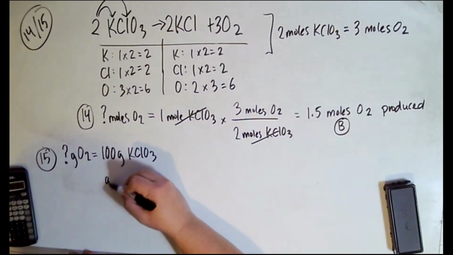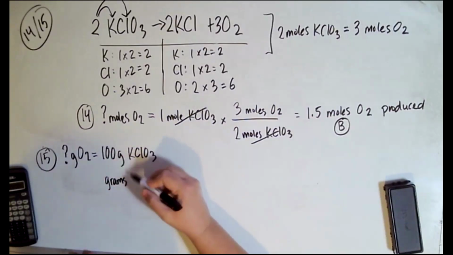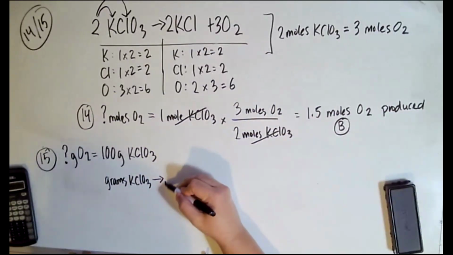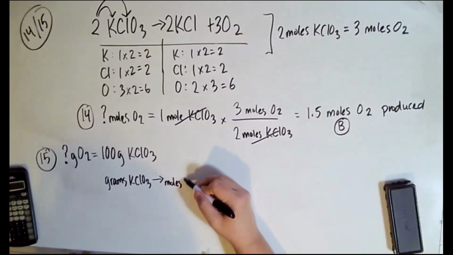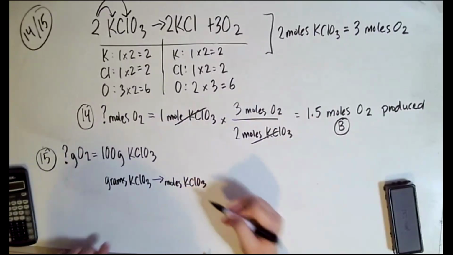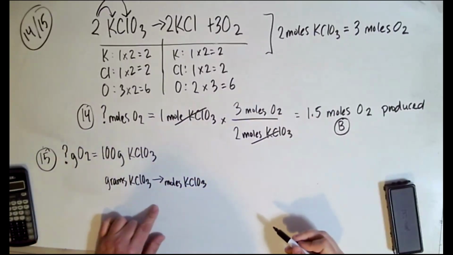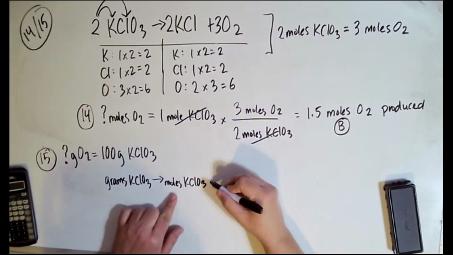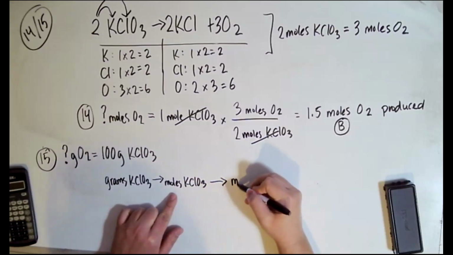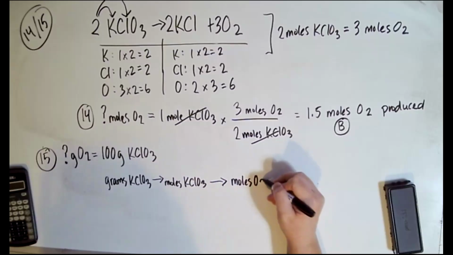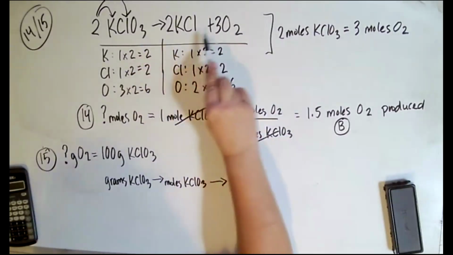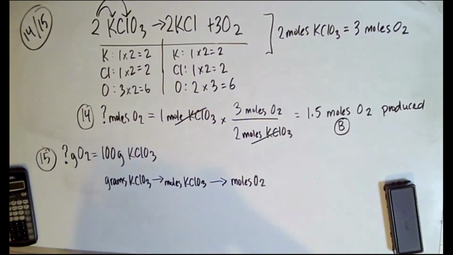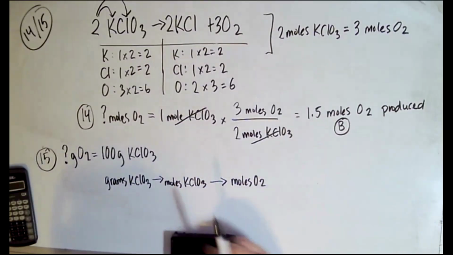So we're going to take our grams of KClO3 and turn it into moles of KClO3, and we're going to do that using our molar mass value. Once we have moles of KClO3, then we can switch it to moles of oxygen using our balanced equation, using our coefficients, our equality that we pulled out for the last example.